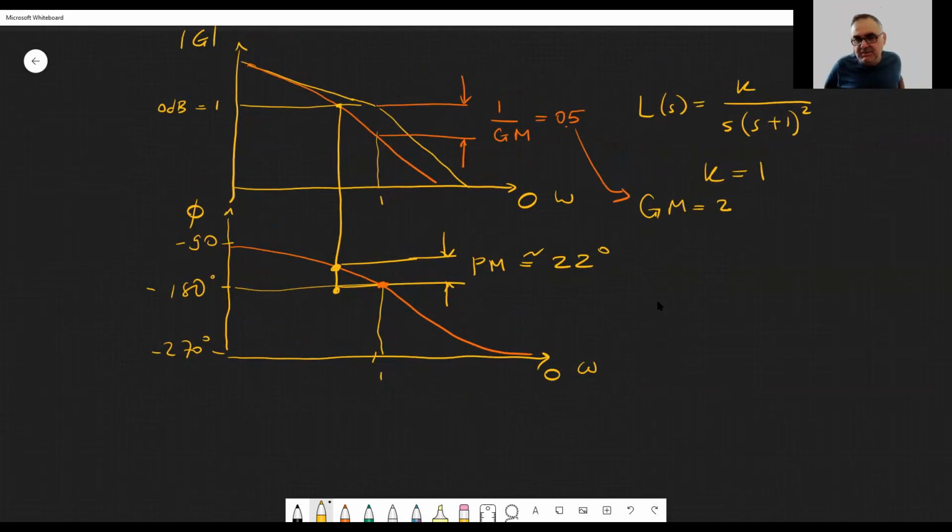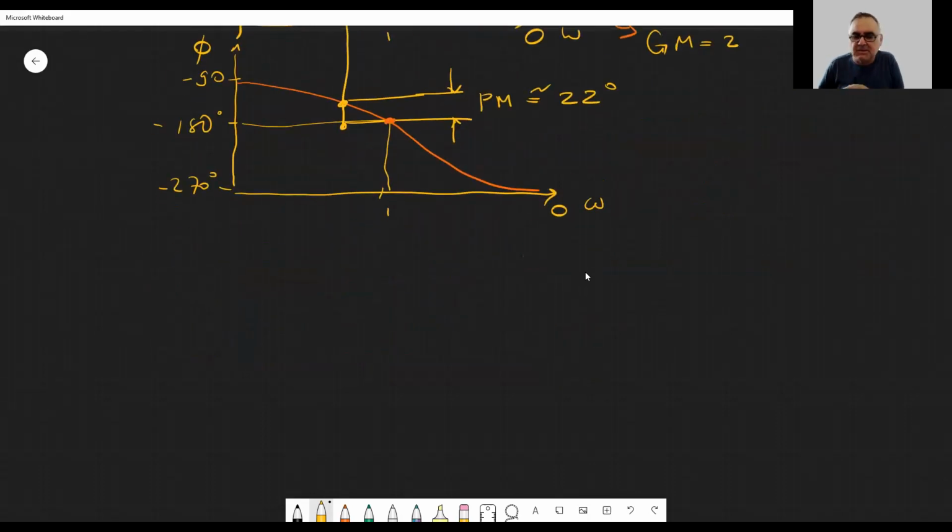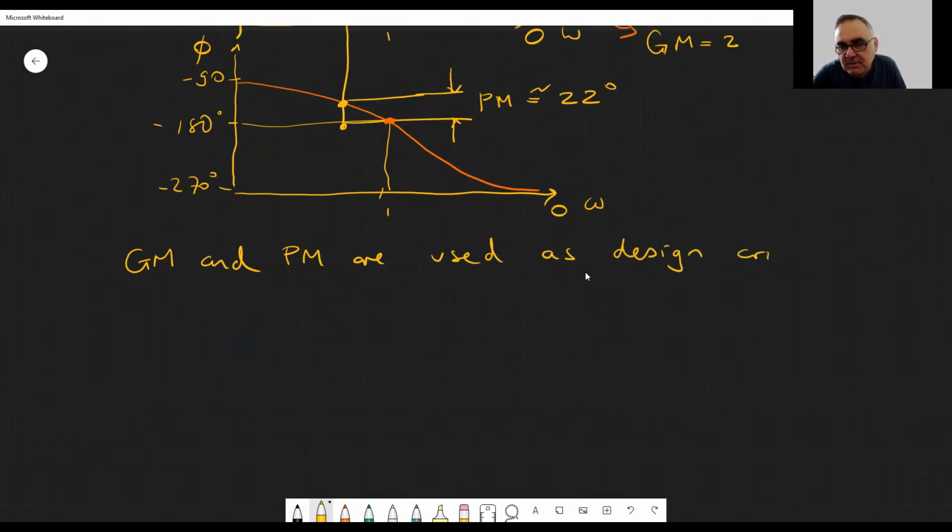But these things indicate relative stability, and they are used as design criteria. Okay, GM and PM are used as design criteria.